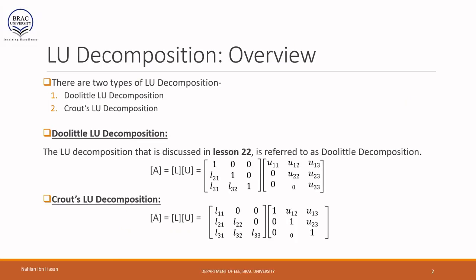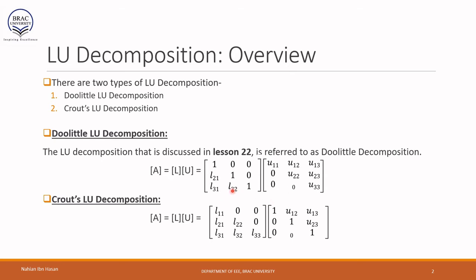There are two different LU decomposition techniques, the Doolittle LU decomposition and the Crout LU decomposition. The Doolittle LU decomposition is the same procedure that we followed in our previous lesson, lesson 22. In that lesson, we converted our original coefficient matrix into a lower triangular matrix and an upper triangular matrix.